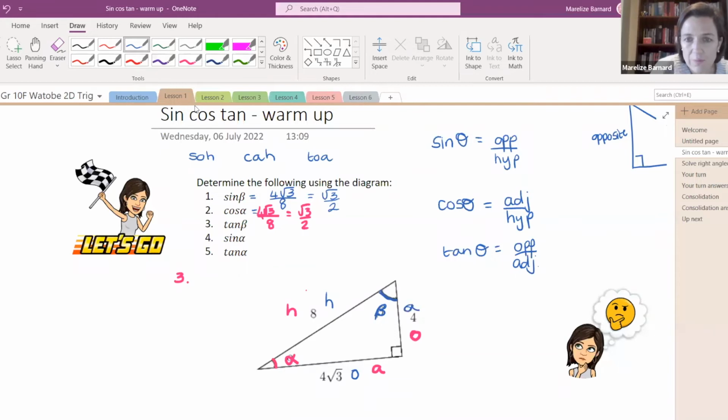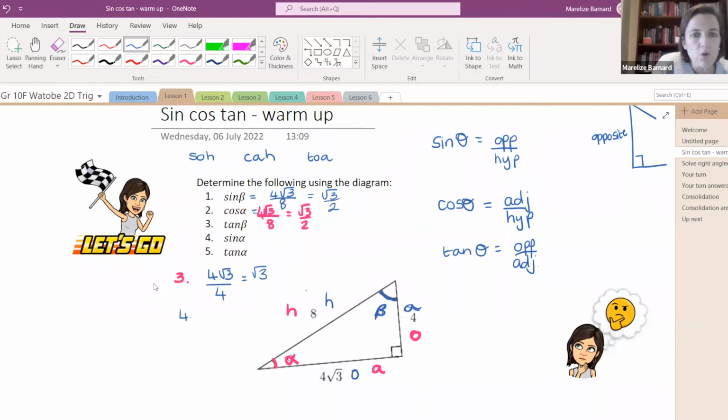Adjacent for the beta is the 4. So tan of beta is going to be 4 root 3 over 4, and that's going to simplify down. If you can't do this in your head or on your own, just use your calculator, and that's going to give you root 3. I see a few of you got that. Well done.